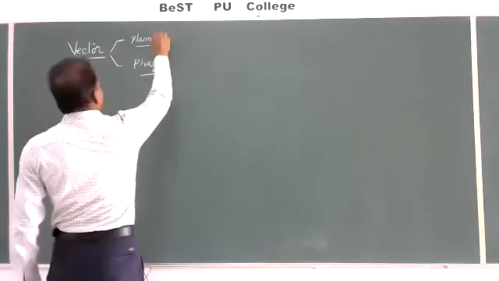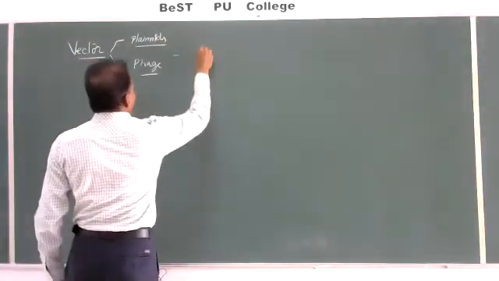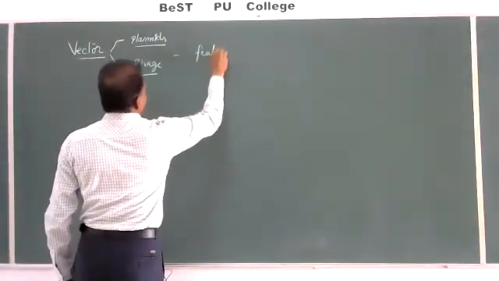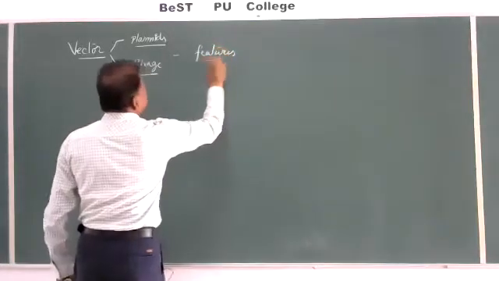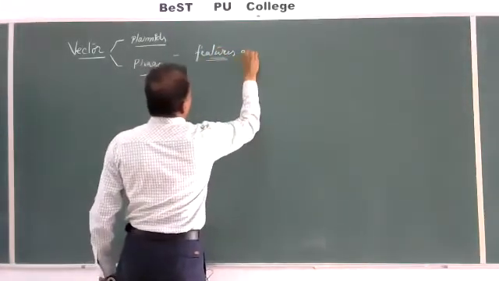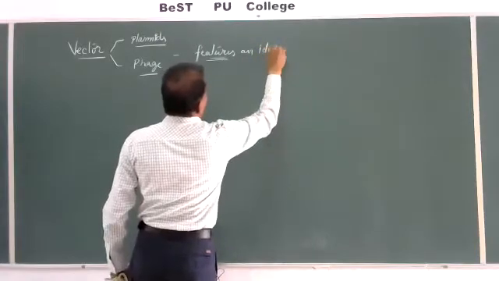So we have seen the features of an ideal vector.